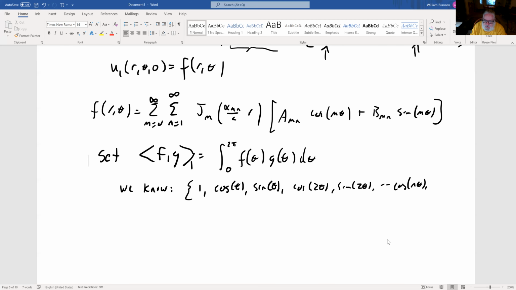Cosine n theta, sine n theta. We know that that collection of functions are mutually orthogonal with respect to that inner product.